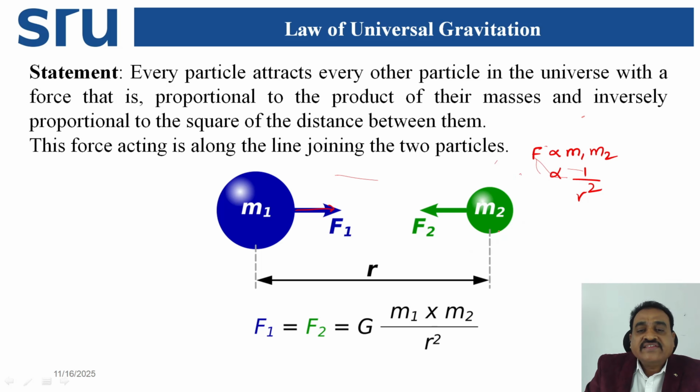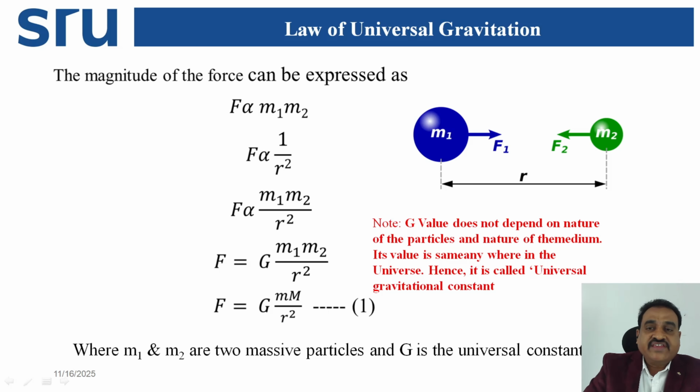So F1 is equal to F2 is equal to F. The proportionality constant is capital G, so we have M1, M2 divided by the distance square.